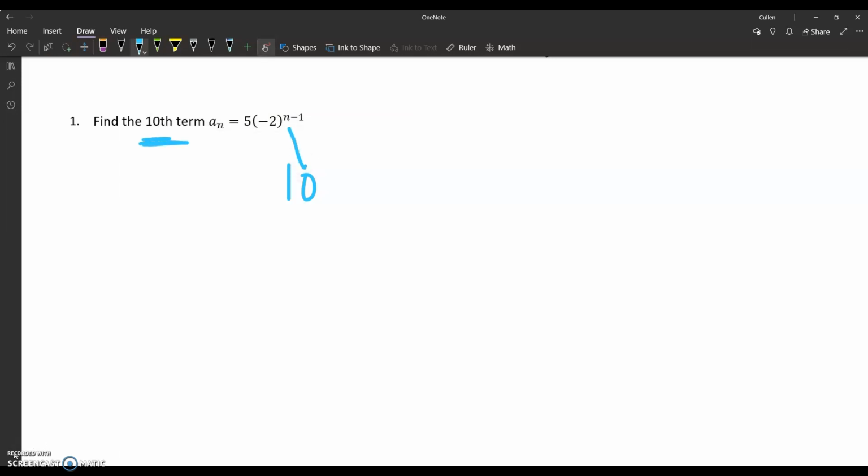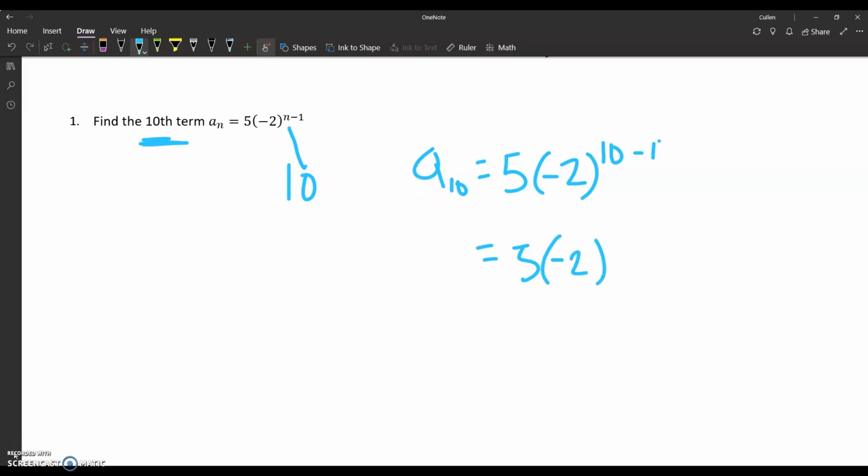So I'm going to plug in 10 for n into that formula. So a10 is going to be 5 times -2 to the 10 minus 1, and 10 minus 1 is 9.